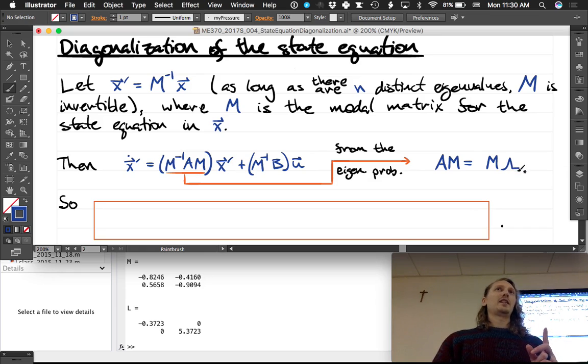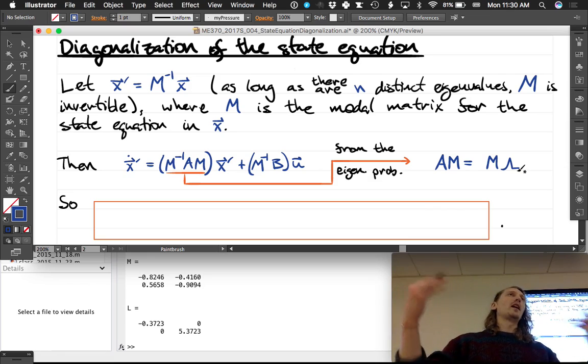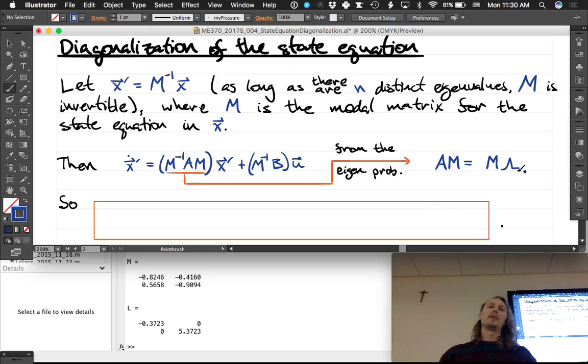That's something you may not be familiar with from matrix algebra, but it's true. And if you do that, what you end up with is just an eigenvalue eigenvector problem.